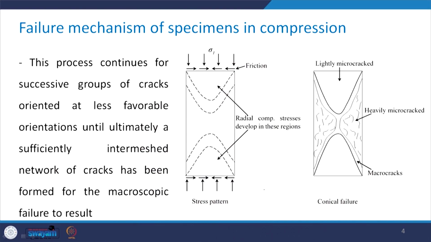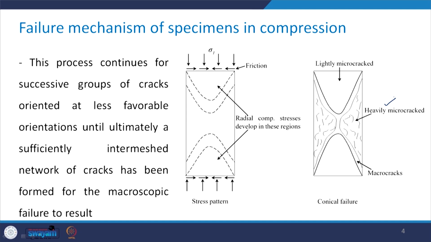So, what will happen ultimately? There is going to be a sufficiently intermeshed network of cracks formed, and that would lead to macroscopic failure. Okay. So, you see that here in this figure, this portion is heavily micro cracked.